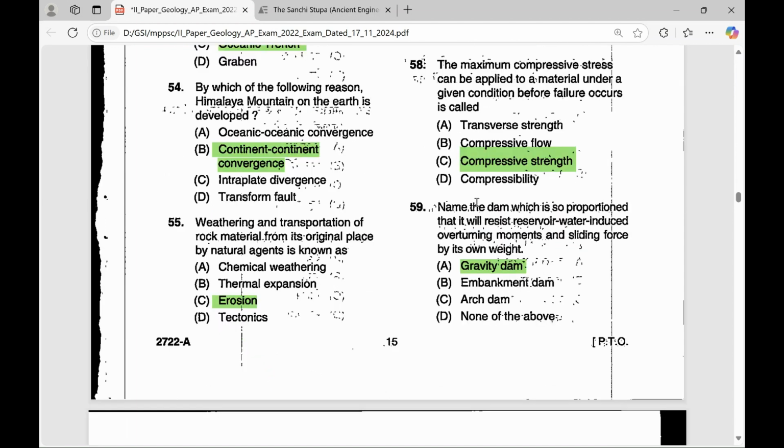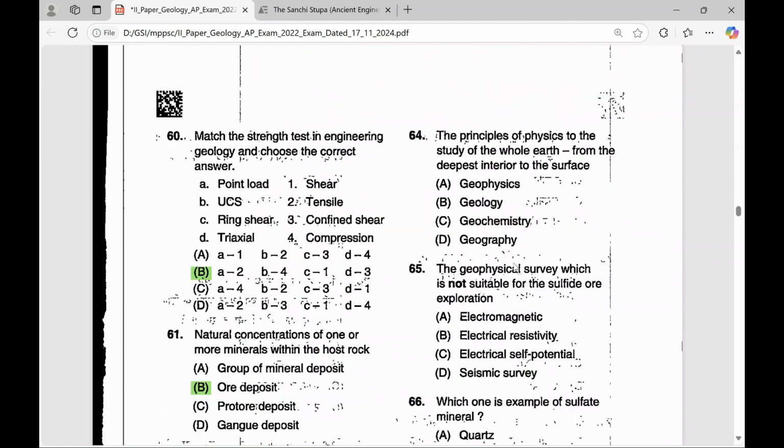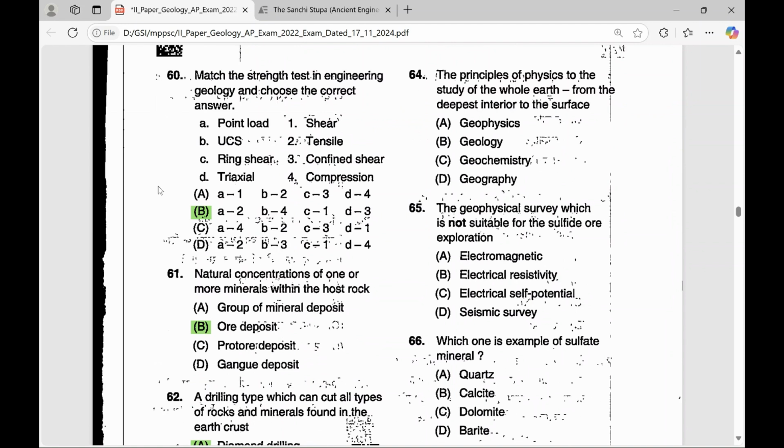Name the dam which is so proportioned that it will resist reservoir water induced overturning movements and sliding force by its own weight. The correct answer here is gravity dam, as it is said by own weight. Next, number 60, match the strength test in engineering geology and choose the correct option. Seems like mining engineering questions.